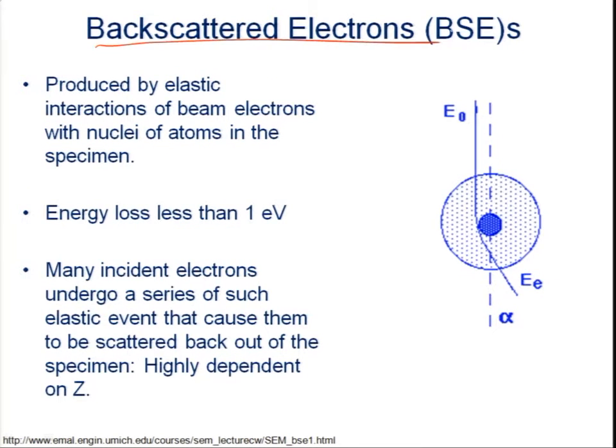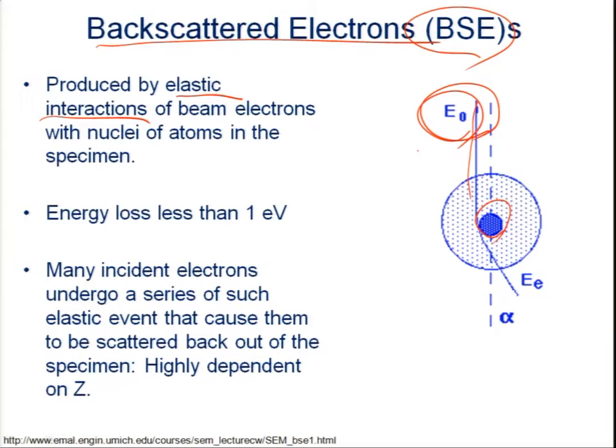A backscattered electron is produced when the primary electrons interact with the nuclei, and an elastic interaction happens. In this case, the primary electron does not lose too much energy; it is just deflected and comes back.